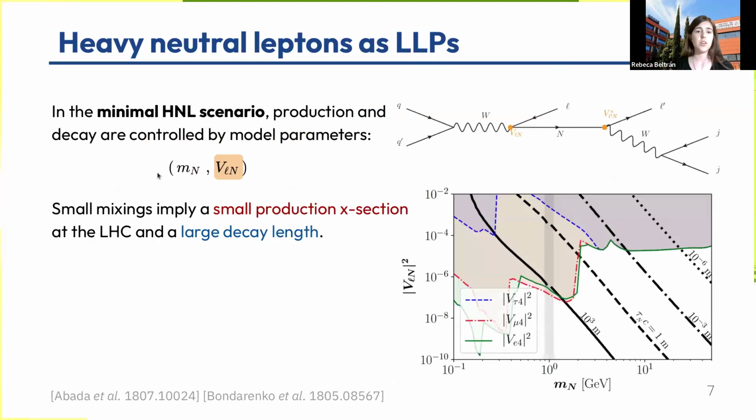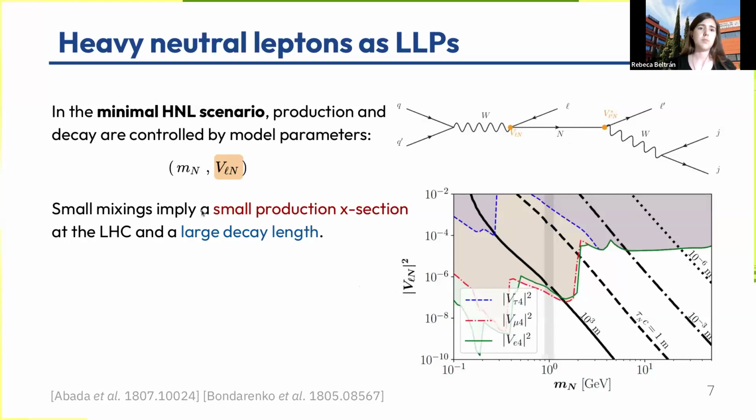So this allows you to plot the discovery or the constraint limits on a mixing versus mass plane. Then the theorist can reinterpret these constraints within more elaborate models. So the simplicity of this framework, as I said, is that the production and the decay of the HNLs are entirely controlled by these two parameters.